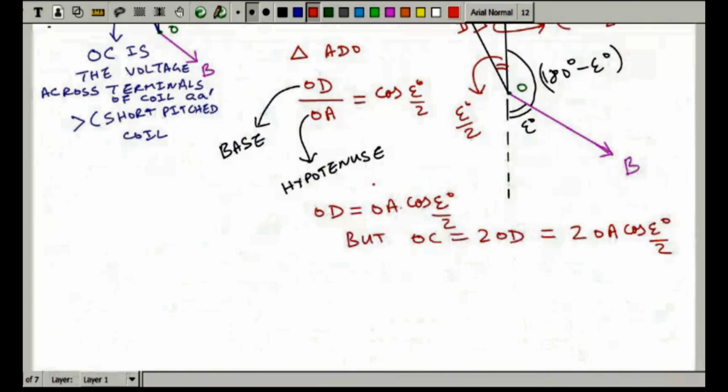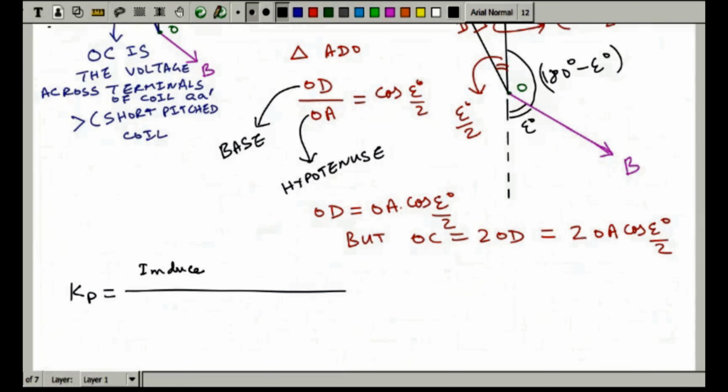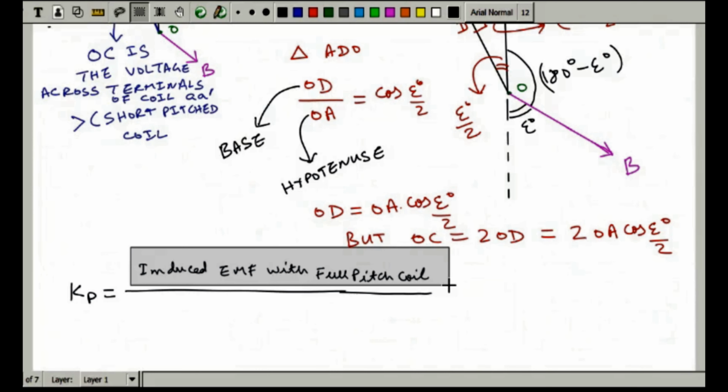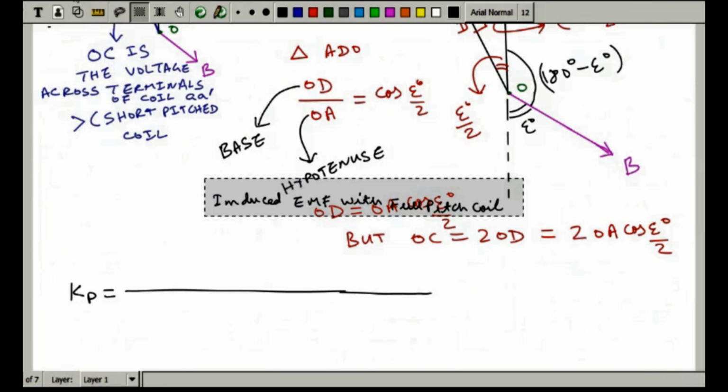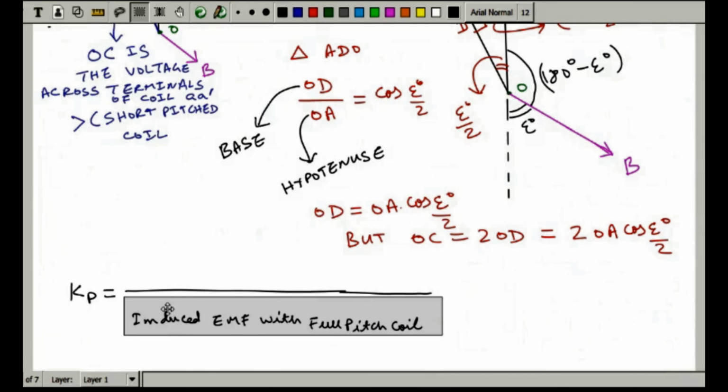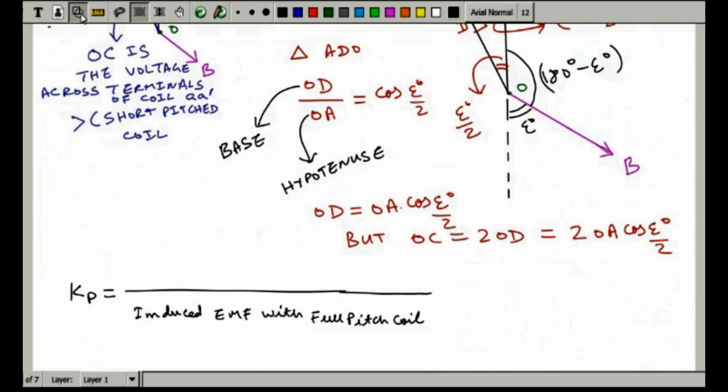So pitch factor Kp equals induced EMF with short pitch coil in the numerator, and induced EMF with full pitch coil in the denominator.